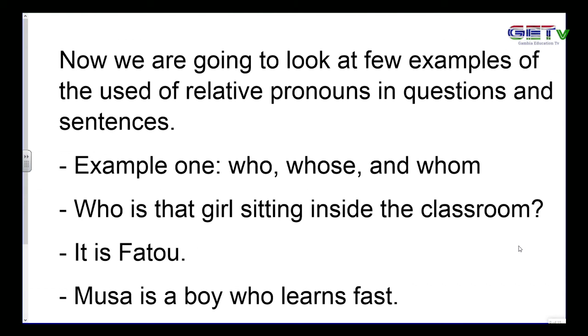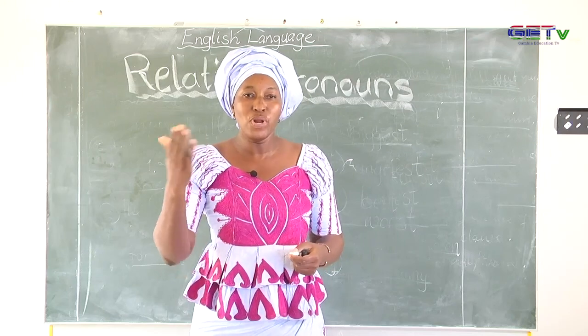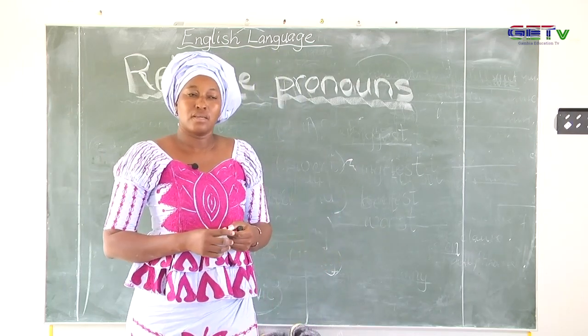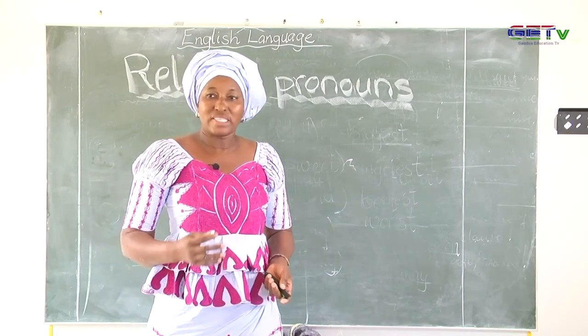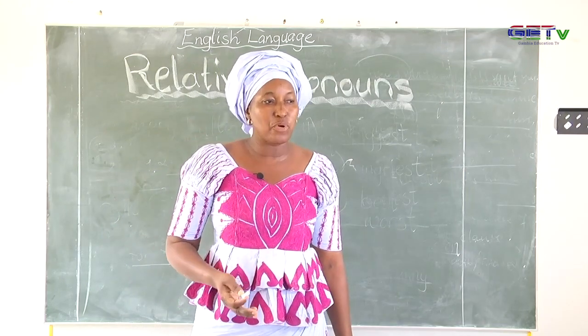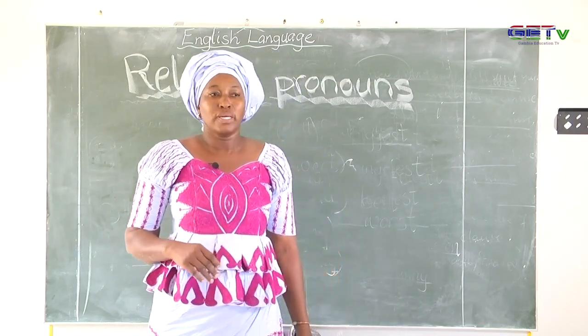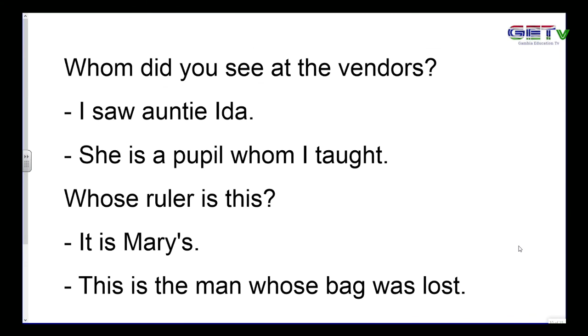You can also use it in a sentence form, saying, Musa is a boy who learns fast. It's in a sentence form here. And we are still using what? The relative pronoun who. Now let's go to whom. Whom did you see at the vendors?